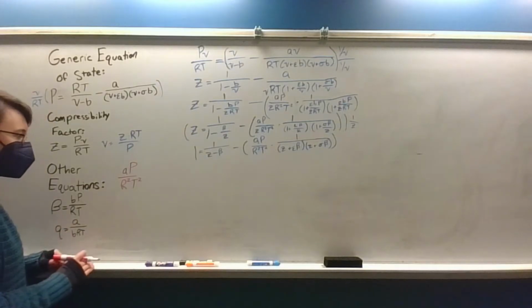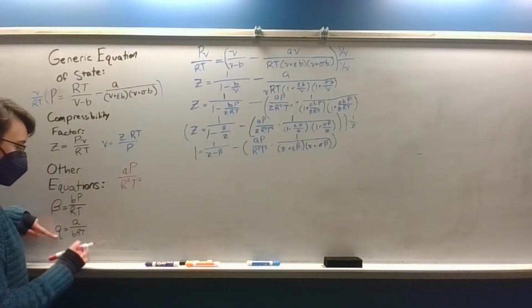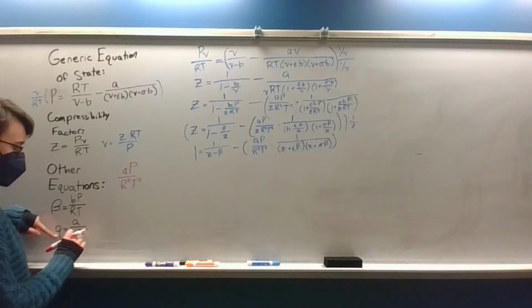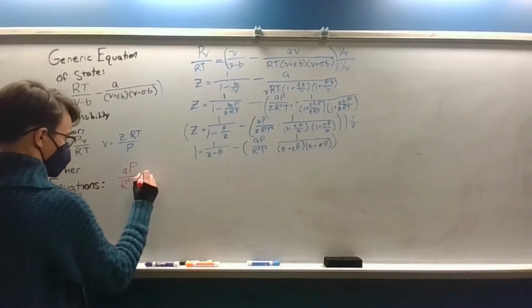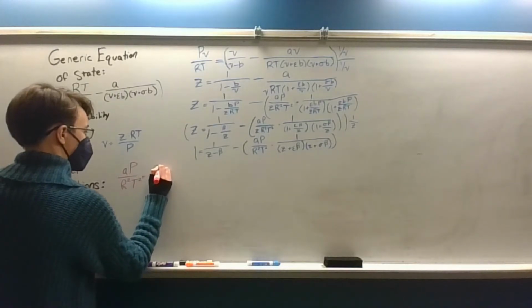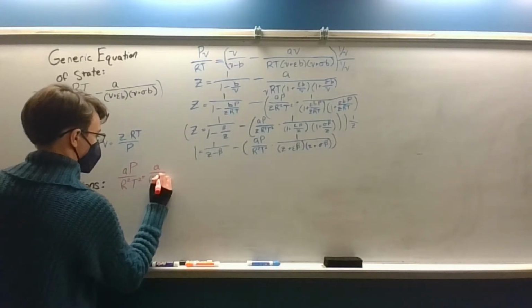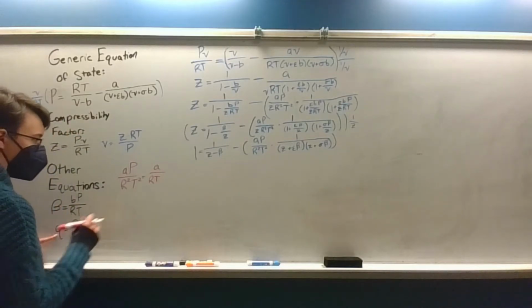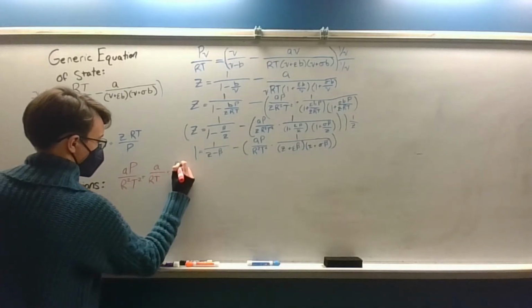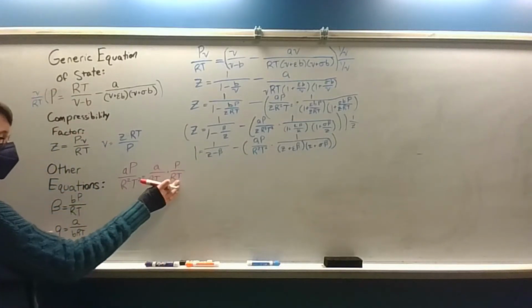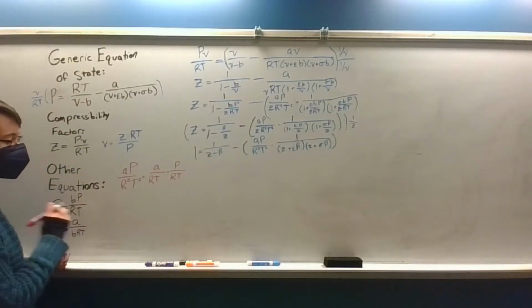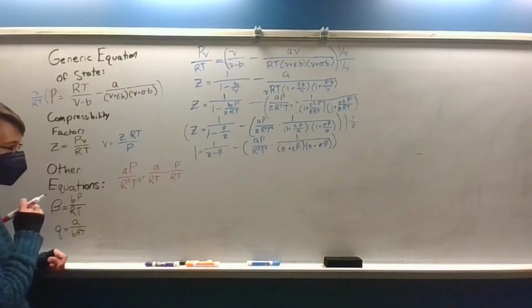And then, so we have Q is equal to A over B times R times T. So we're close. We can get the A over the gas constant times the temperature. We do not have the B though. And that will leave us with the pressure over the gas constant times the temperature. And you'll notice that this looks an awful lot like beta. But again, without this B term.